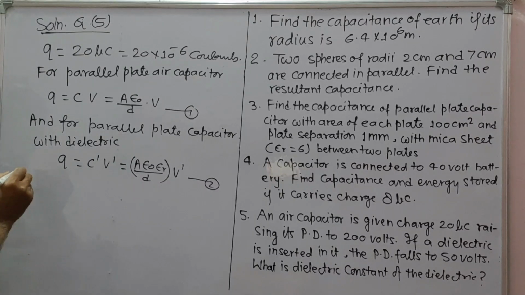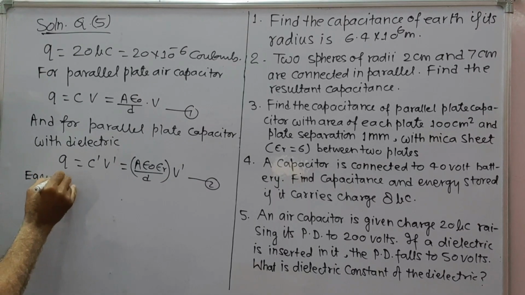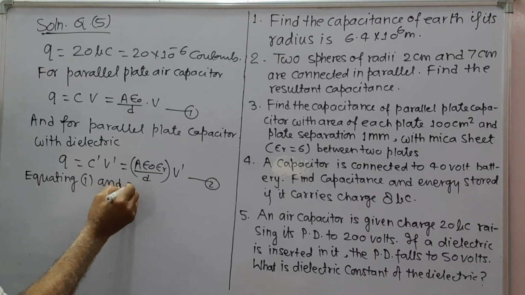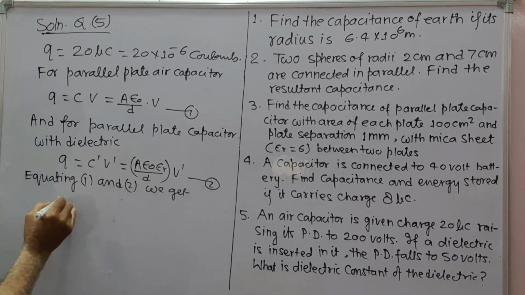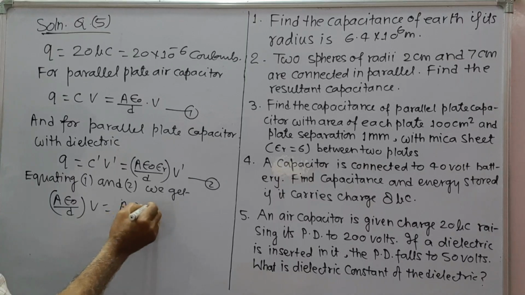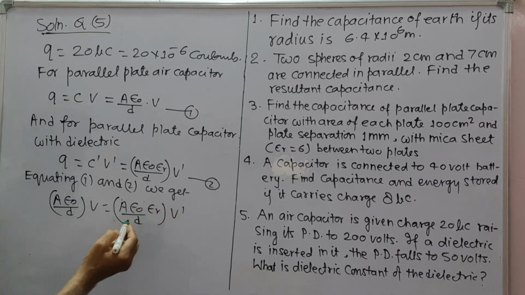Equating 1 and 2, we get A epsilon naught upon d into V is equal to A epsilon naught epsilon R upon d into V dash.